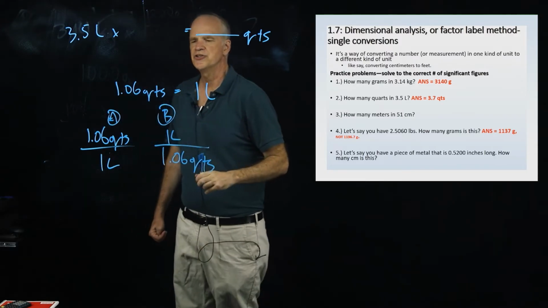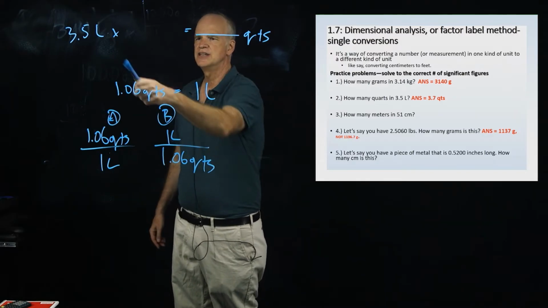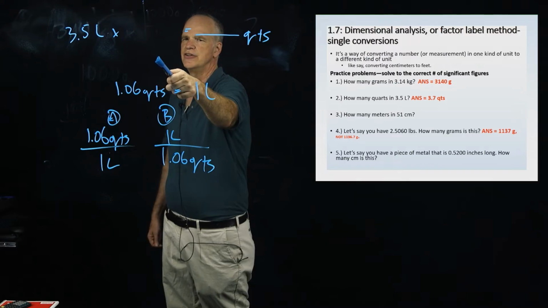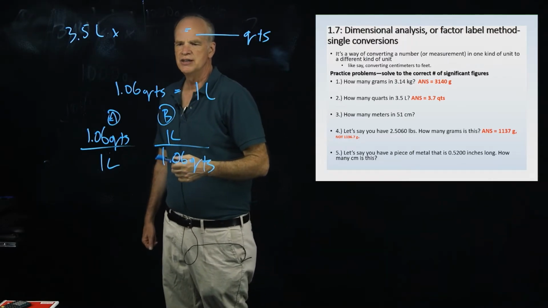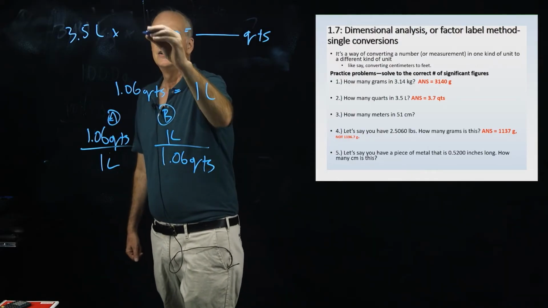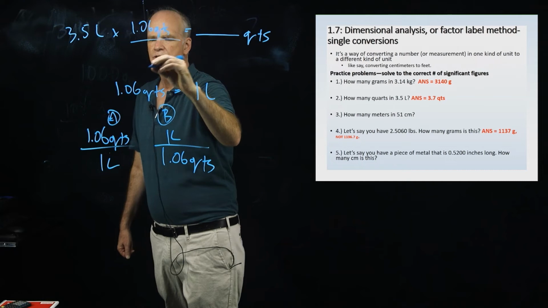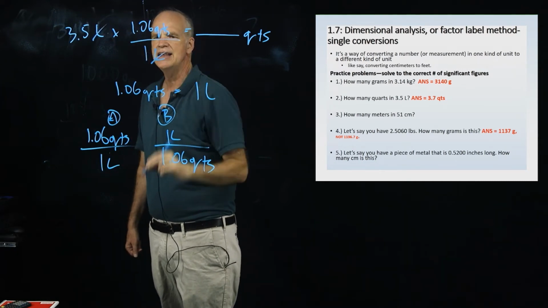So the question is: which fraction do you use, A or B, such that liters in the numerator cancel out with liters in the denominator, leaving an answer in quarts? It looks like you want to use fraction A. So it's 3.5 liters times 1.06 quarts over 1 liter, and you can see liters cancel.